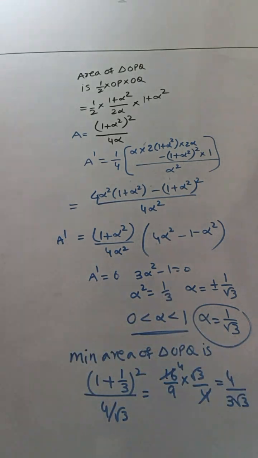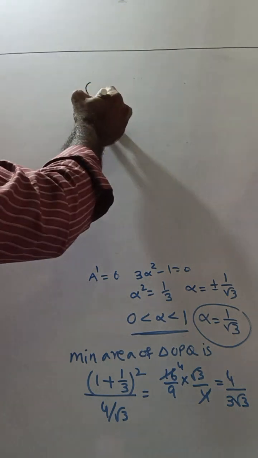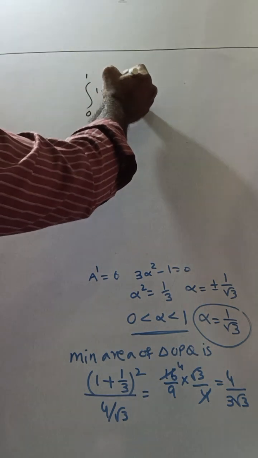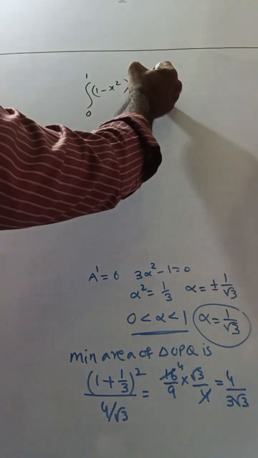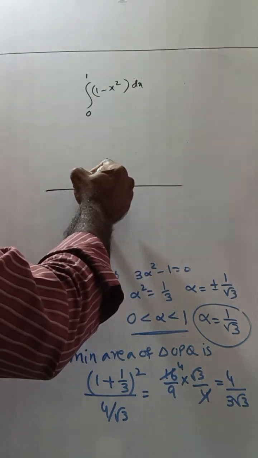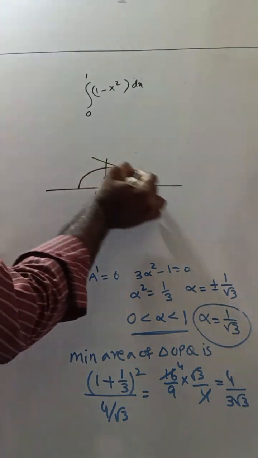And this value is equal to the area of that curve bounded between 0 to 1. Now the area between 0 to 1 is the integral of 1 minus x square dx, because in the diagram you already saw this one. We need to find the area between 0 to 1, and this is a tangent.